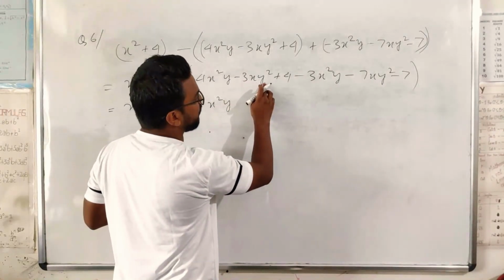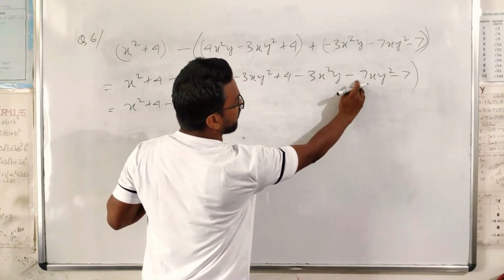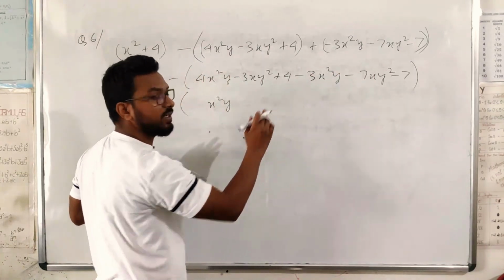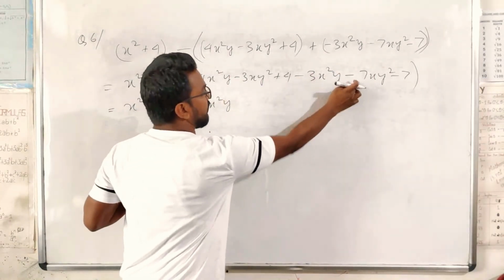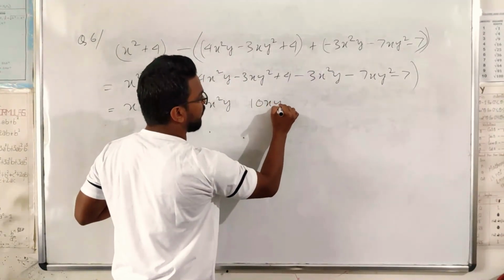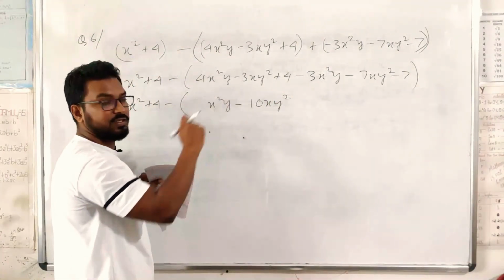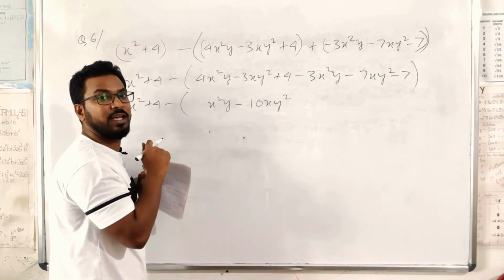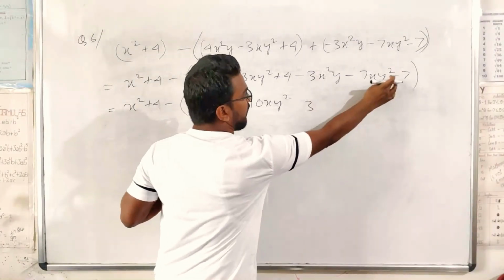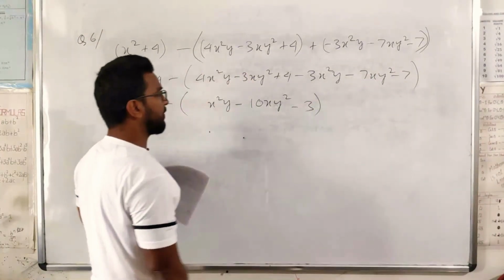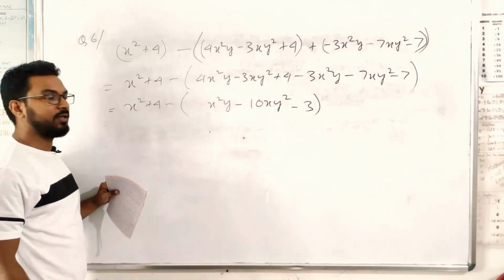Minus 3xy square and this one is minus 7xy square. Minus minus, it will be plus. 3 plus 7 is 10, 10xy square. Sign will be minus. Now plus minus minus, 7 minus 4 is 3. Greater sign is minus. Okay. Now it becomes more simple.